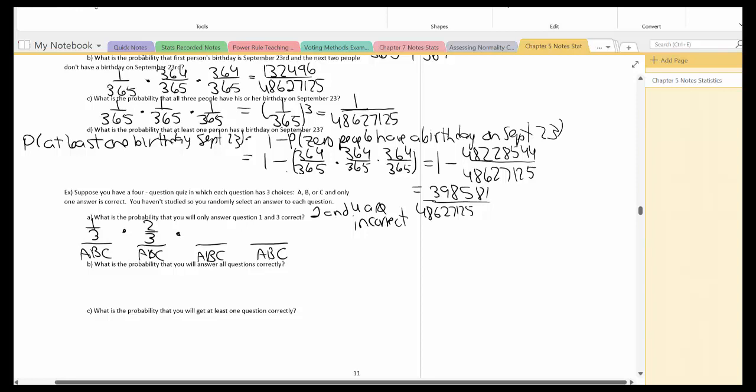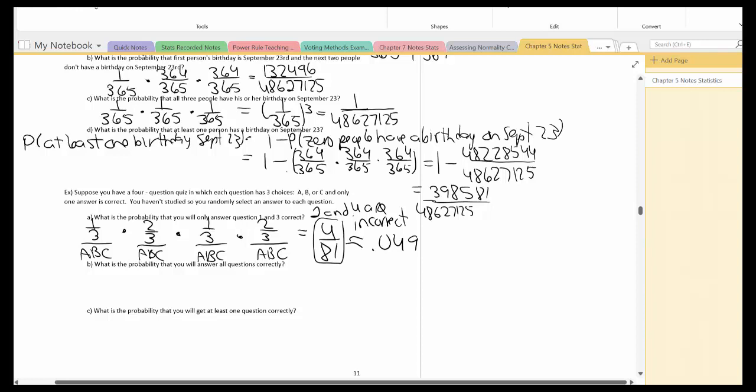And getting the third correct, 1 correct answer out of 3. And getting question 4 incorrect, 2 incorrect out of 3. That gives me 4 out of 81, which is approximately this. Not very likely. Again, make sure you leave your answer as a fraction.